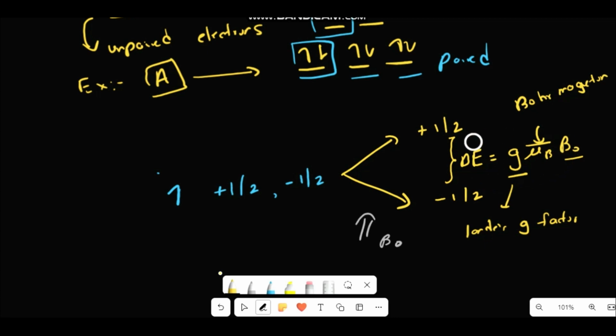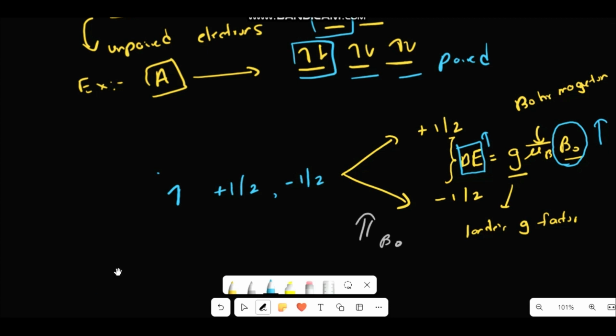So by this equation we can calculate this specific energy gap. You can identify that by increasing our applied magnetic field we can increase this energy gap.